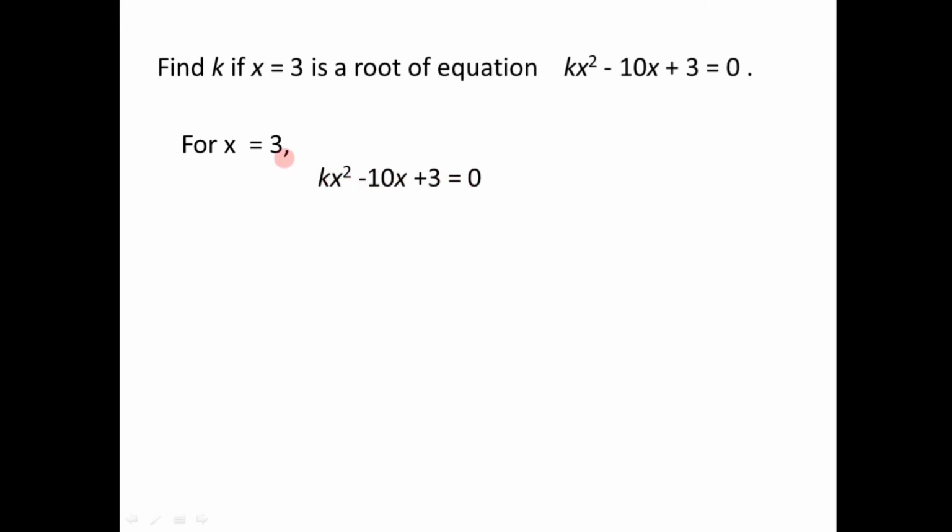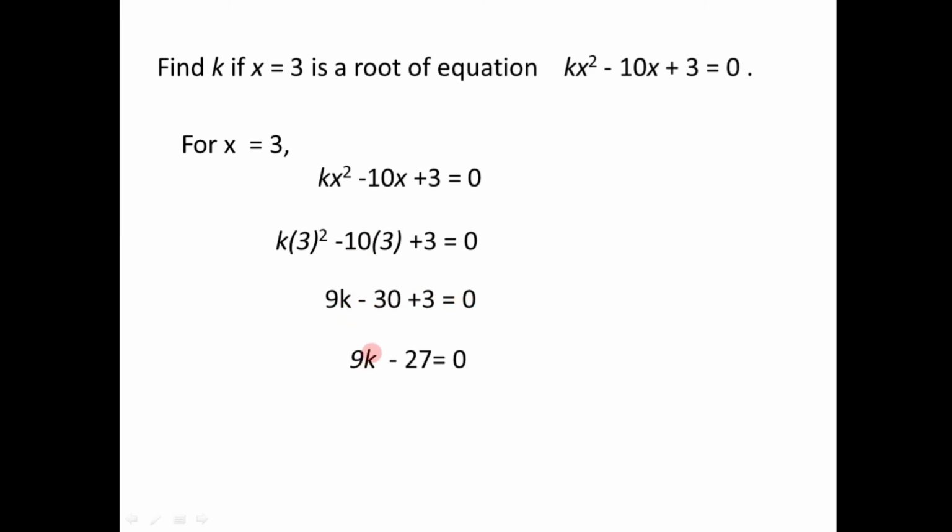That is, we get for x is equal to 3, kx square minus 10x plus 3 is equal to 0. If we replace x by 3, we get k into bracket 3 square minus 10 into x, that is 10 into 3, plus 3 is equal to 0. We go on simplifying. We get 3 square, that's 9, and 9 into k, that's 9k, minus 10 into 3, 30, plus 3 is equal to 0.